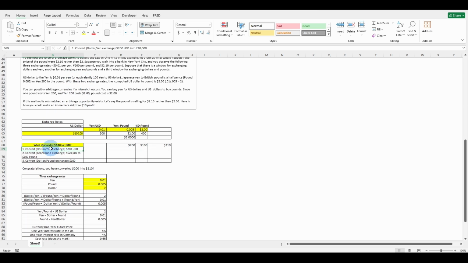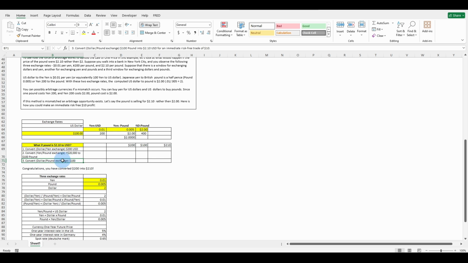How about right here? At the dollar-yen window, we're going to convert $200 into 20,000 yen. At the second window, the yen-pound window, convert that 20,000 yen into 100 pounds. Then at the third, the dollar-pound window, remember that 100 pounds?